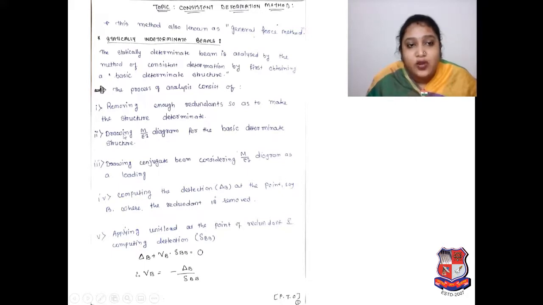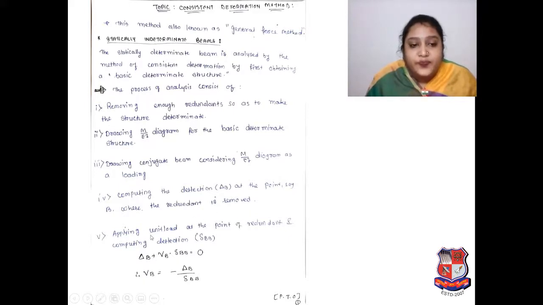Then second step, drawing M upon EI diagram for the basic determinate structure. Third, drawing conjugate beam considering M upon EI diagram as a loading. Fourth step, computing the deflection delta B at the point B where the redundant is removed.